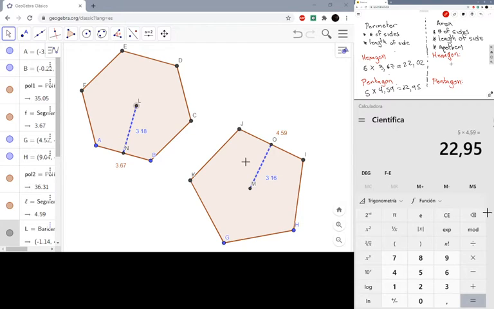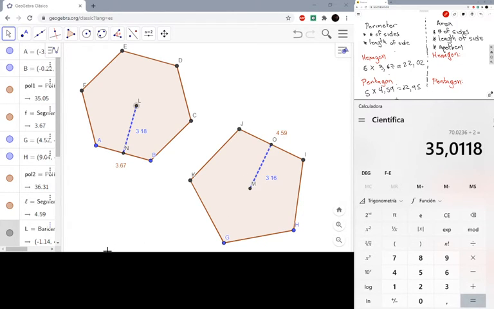So for the hexagon, you have to multiply the number of sides, which is 6, times the length of the side, which is 3.67, times the length of the apothem, which is 3.18. This is the result, and then divide by 2 always.